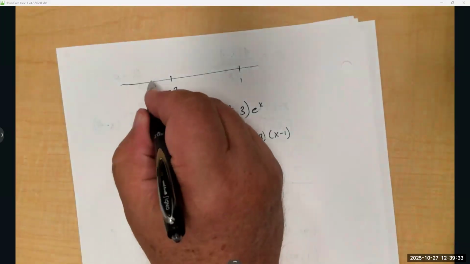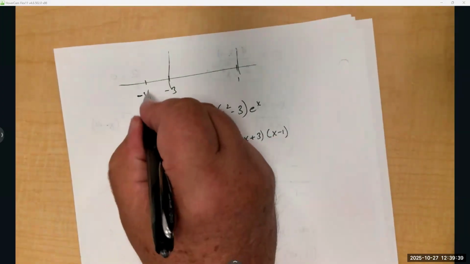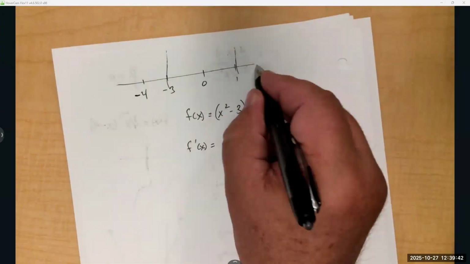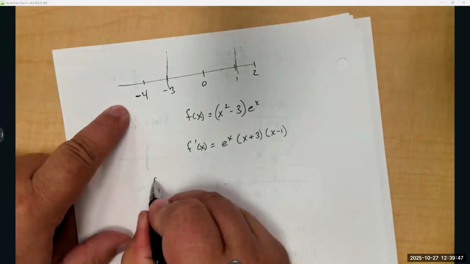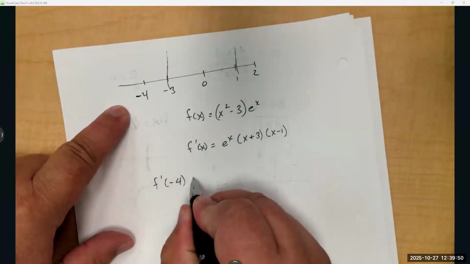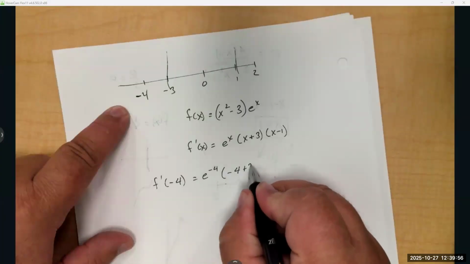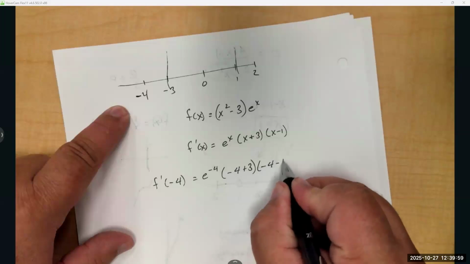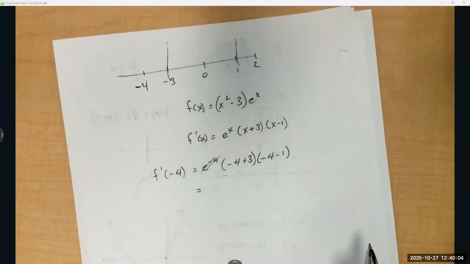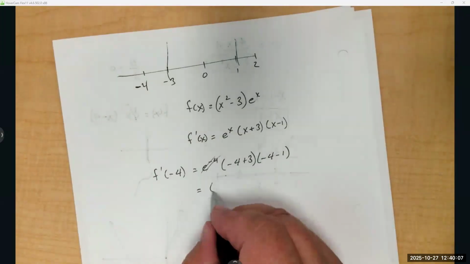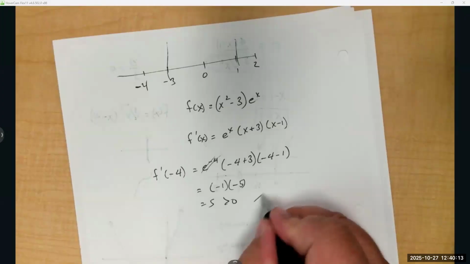So pick a value to the left of my critical values. These are my CVs. So at -4, at 0, and at 2, those are the values we're going to pick. What happens at -4? e to the power -4, times (-4 plus 3), times (-4 minus 1). e is always positive, so it doesn't matter. -4 plus 3 is -1, times -5 is +5, so it's increasing.